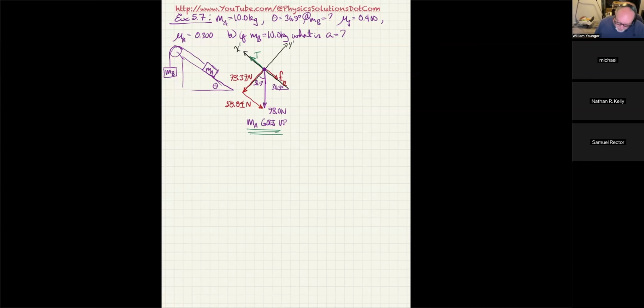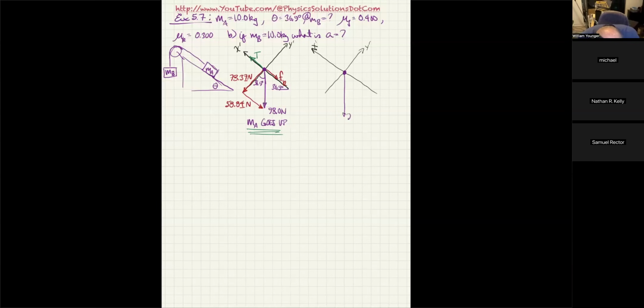Now, in addition to that, we have to consider the same scenario except with M_A going down. So I'm going to draw another free body diagram just like that one. I'm not going to change the direction of the axes, even though that would make my signs come out to be positive and a little more friendly, but I'm not going to do that. So here's my x prime axis again, and there's my y prime axis, and there's my little mass right here. And again, we're going to have a purple force acting straight down.